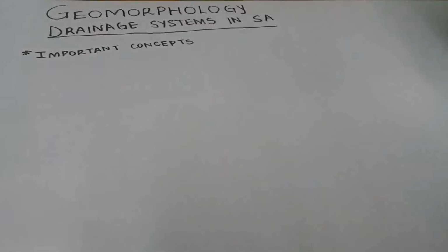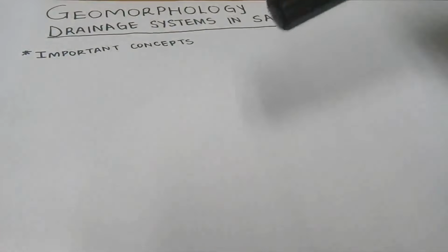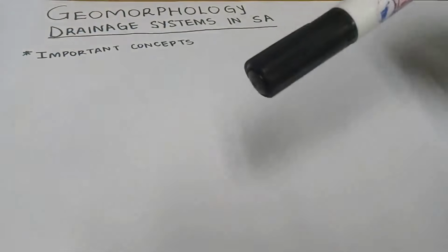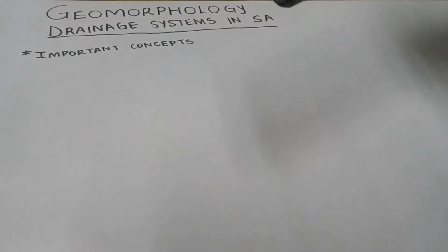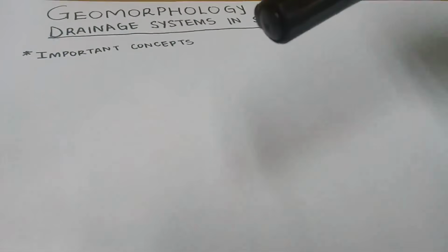Geomorphology is the study of the physical features of the surface of the earth and their relation to its geological structures. This means that in geomorphology we're going to be learning more about the reliefs of the earth, the shape of the earth, how the earth is shaped, and what's going on under the ground.